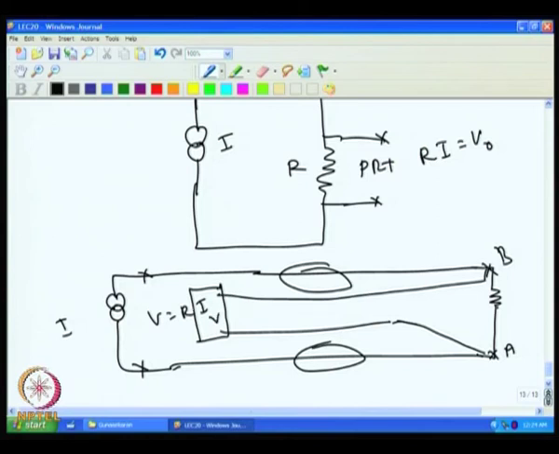Then the wire impedance is not a problem. So, you will get a true reading of this resistance, and this wire resistance will not contribute to the error. This is also a 4-probe method, because you have 1, 2, 3, 4 probes connected, and this gives you the reading without the wire resistance error. This is how the Platinum thermometer is used to make measurements.